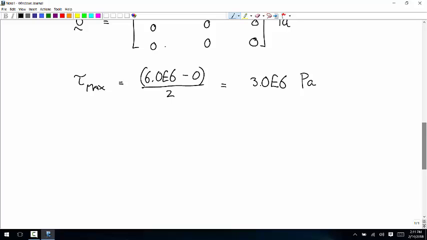Okay, well, that's about it for calculating the stress due to tension and compression. So the next one is the stress due to the bending moment.